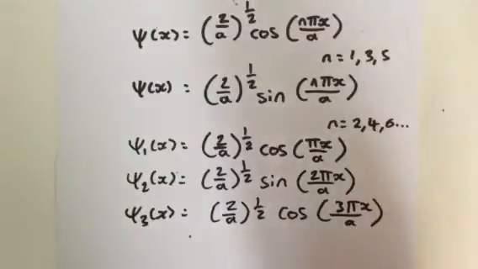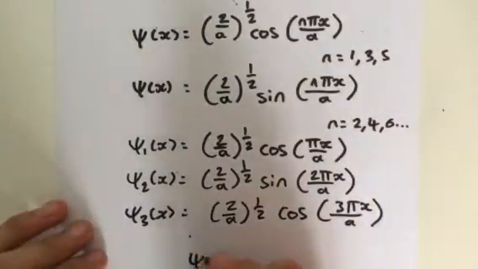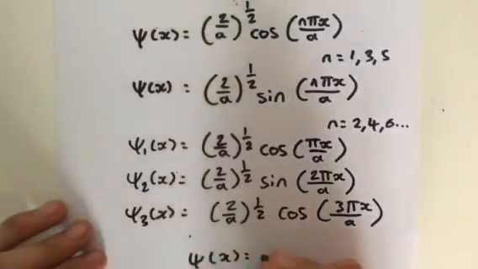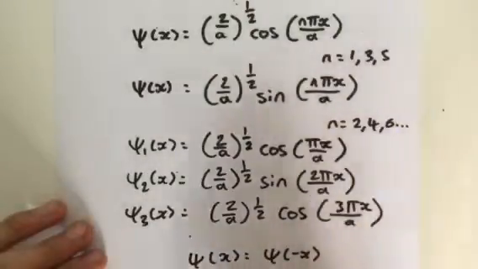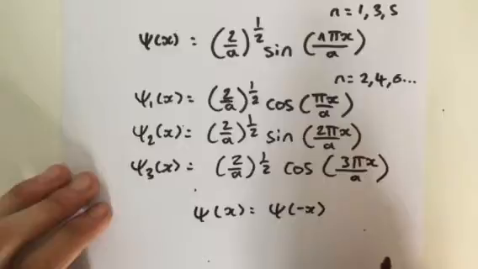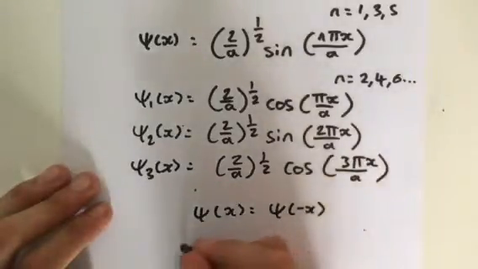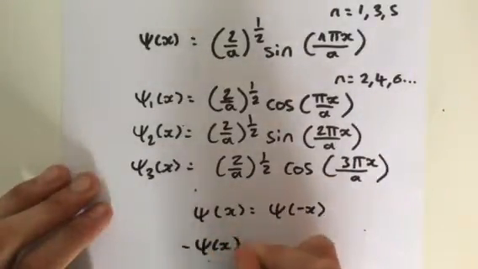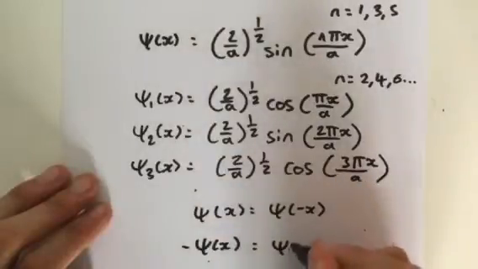Note that the cosines are symmetric around the origin, psi of x is equal to psi of minus x, and the sines are anti-symmetric, like this.